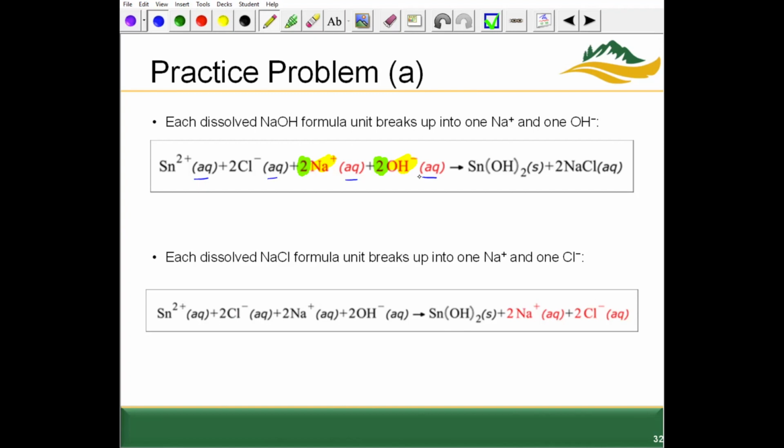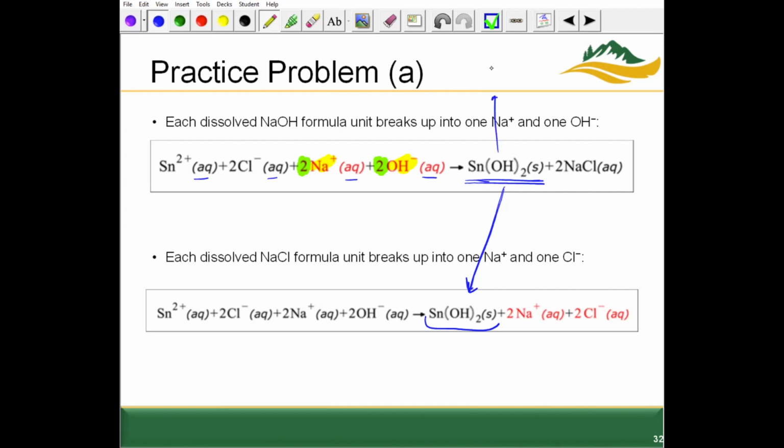Now for our products, we need to break up these ions, except we don't need to worry about breaking up the solid insoluble precipitate. For this insoluble precipitate, we just leave this as a solid. It's not worth writing this out into its respective ions because this just comes back to form an insoluble precipitate from its respective ions.